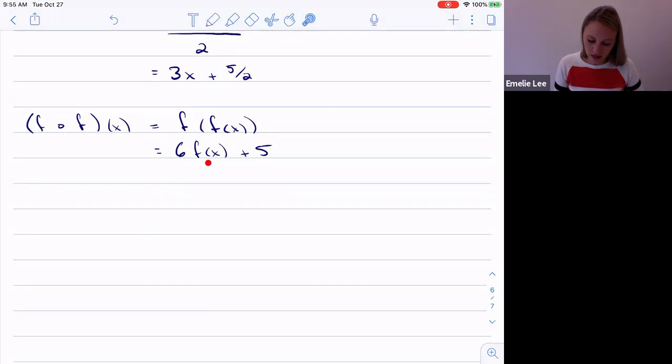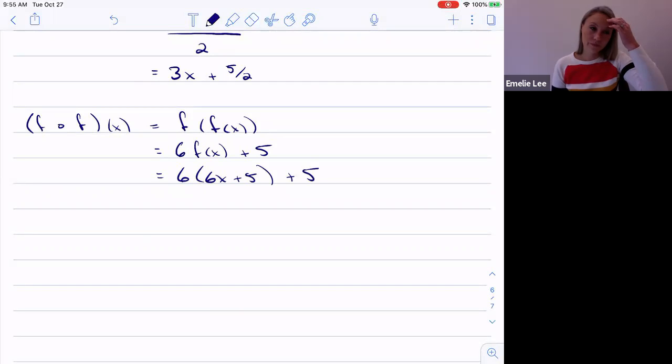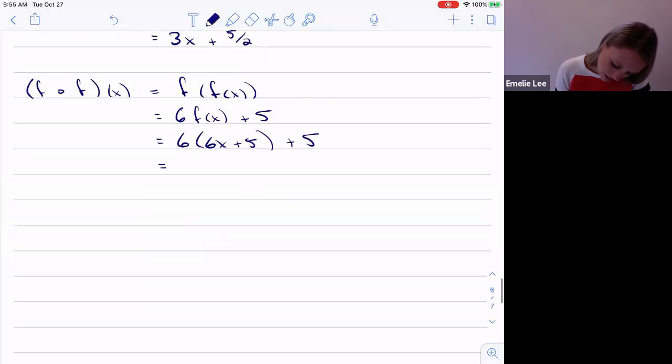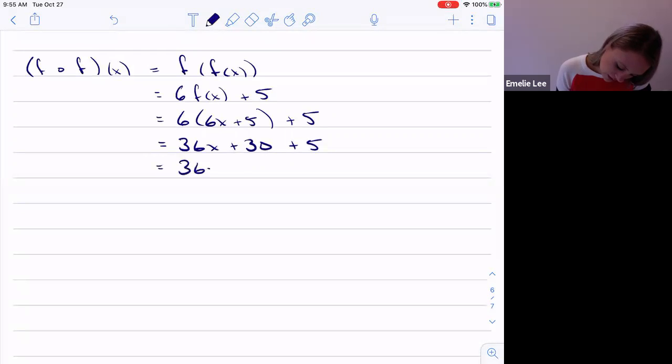But then remember, f of x is 6x plus 5. So what I get here is 6 times (6x plus 5) and then plus 5. Okay. So I get 36x plus 30 plus 5, 36x plus 35.